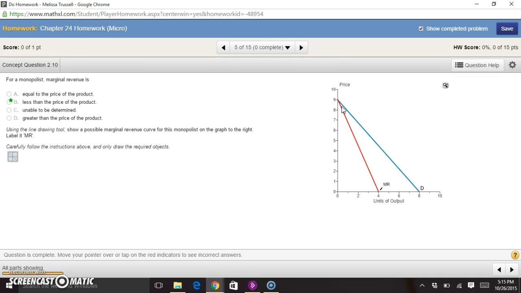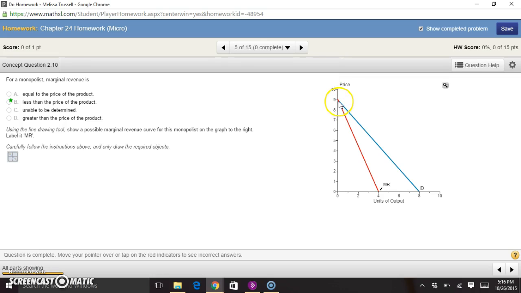So, because the smallest amount you can sell is going to have a marginal revenue equal to your price, the marginal revenue curve, or the red line here, starts in the same place on the y-axis, or the price axis, as the demand curve. So they start out in the same place up here, but then because of the reasons that I showed in the first part of this example, the marginal revenue everywhere else is less than, or to the left of, the demand curve or the price curve.